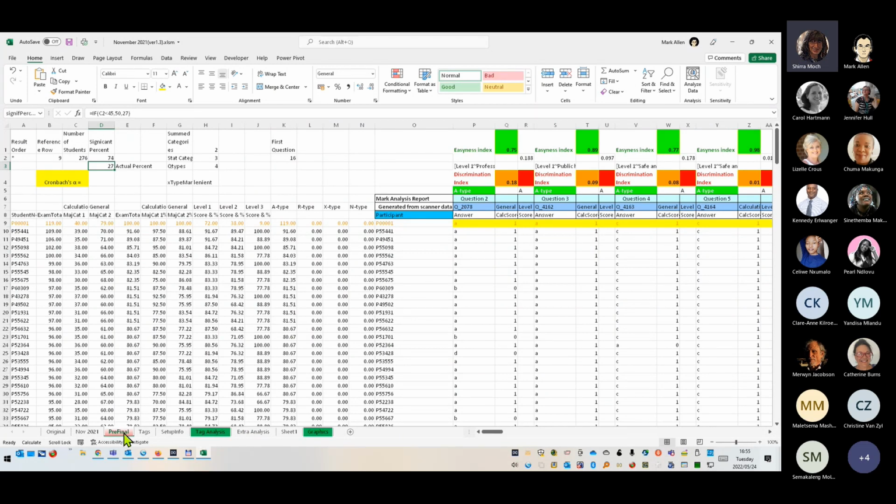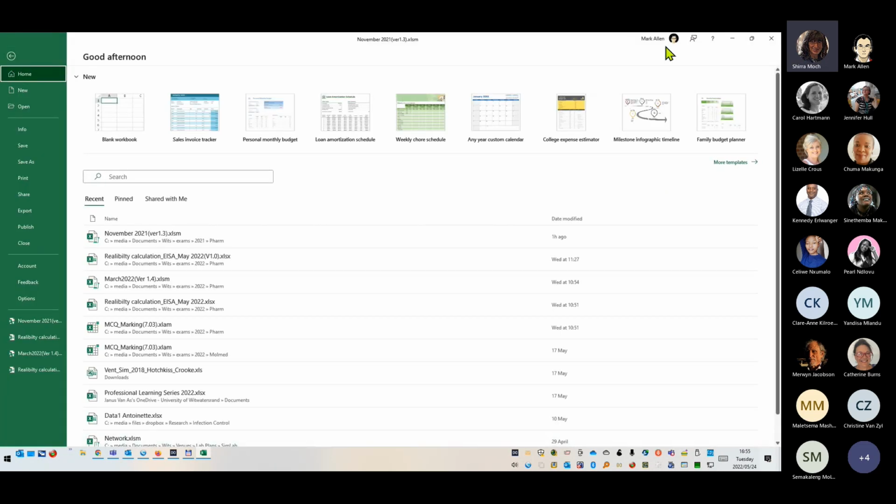And then there's a set of rules of thumb. For example, if the easiness index is less than 0.25, in other words, if the majority of the class got the question wrong, some departments would only take, say, 10% of the class got it wrong.